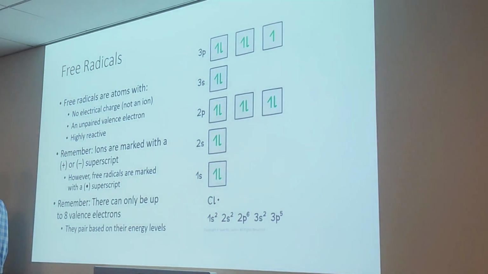That outermost shell either has 7 out of 8 electrons, or it has 1 out of 8 electrons. So it's really close to having 8. It's just 1 electron off, either extra or missing. Are these the only two situations, 7 or 1? Yes.